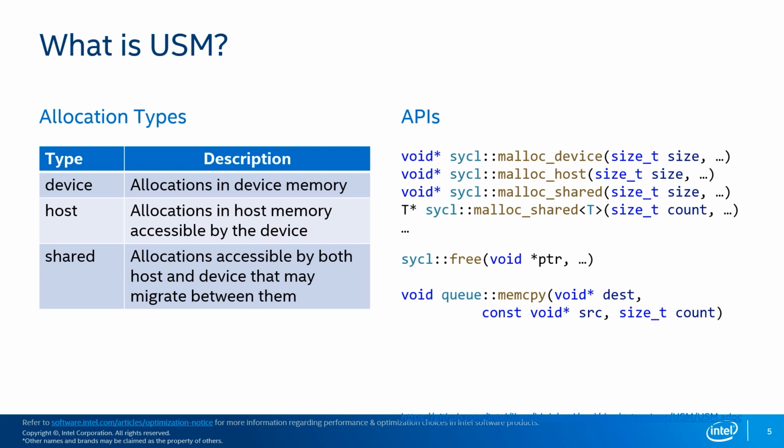These are allocations that are accessible both on the host and on the device that can migrate between host memory and device memory. Data is automatically moved between host and device by lower-level runtimes and hardware. USM provides several flavors of APIs to allocate and deallocate the three types of USM allocations.